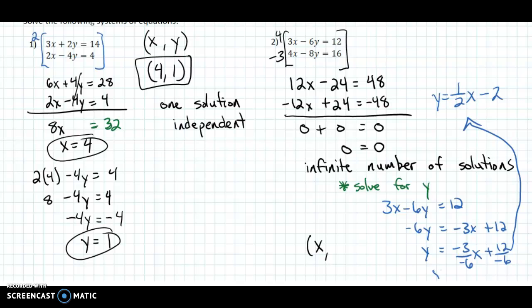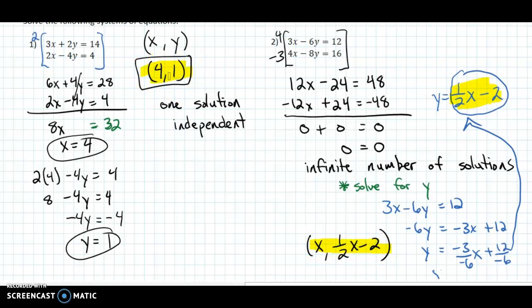So what that means is if I pick a value for x, then my y has to be this right here. And so I can say a little more than just infinite solutions. I can say it'd be x and then 1/2 x minus 2. Alright, so that is the infinite number of solutions here.